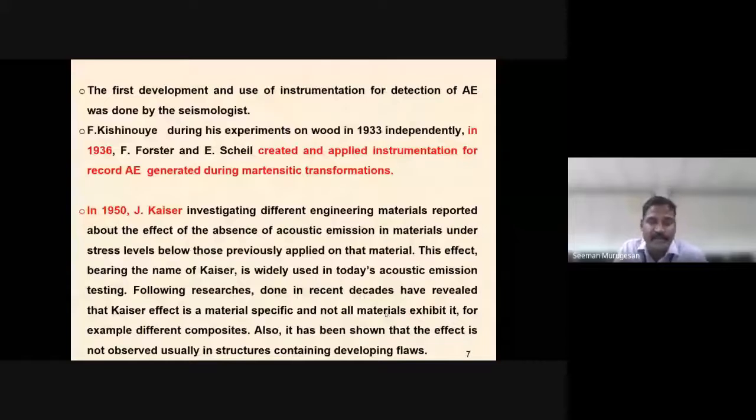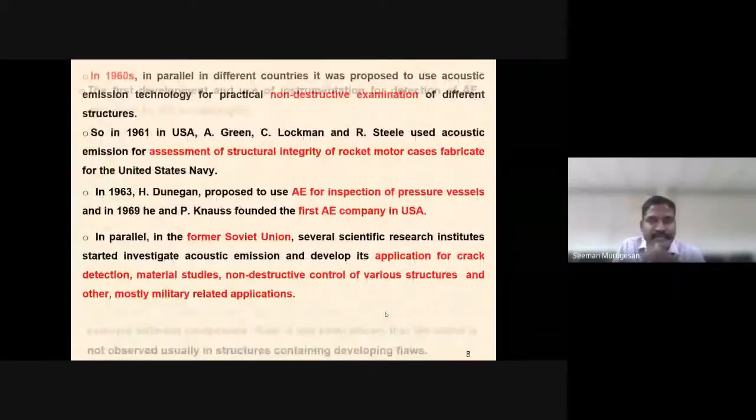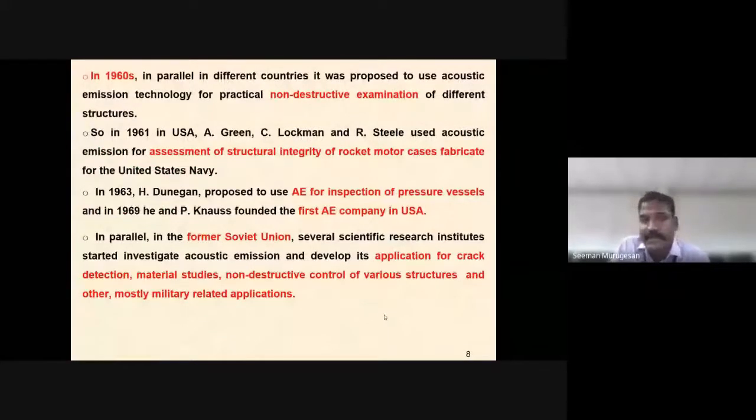Later, scientists found that some materials do not follow the Kaiser effect. For example, in modern materials like FRP or composite materials, the Kaiser effect is not observed. This is called the Felicity effect. In the 1960s, acoustic emission was included in non-destructive testing examination. In 1961, in the USA, it was used for the assessment of structural integrity of rocket motor cases fabricated for the United States Navy.